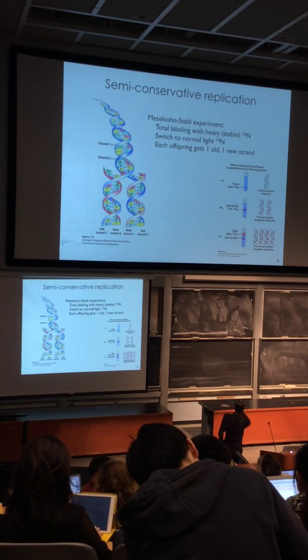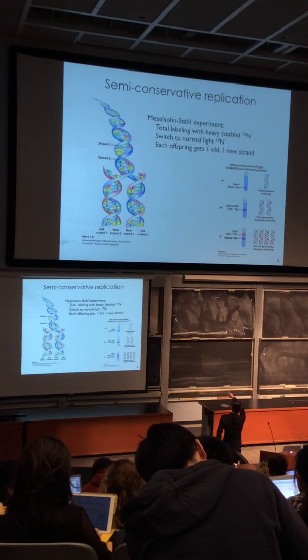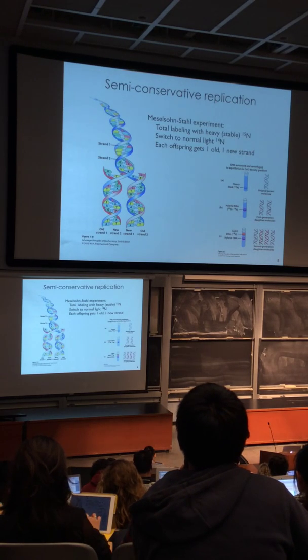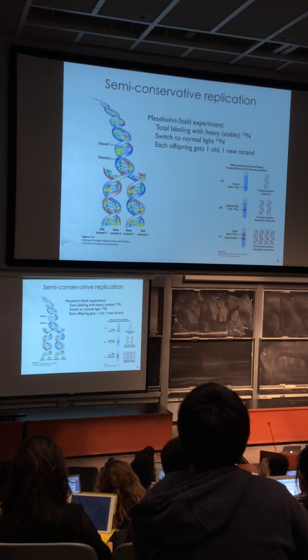And so what that means is that if you have the pre-existing template strand, and then you look at the two daughter double helices, what you'll find is that each daughter double helix contains exactly one old and exactly one new strand.